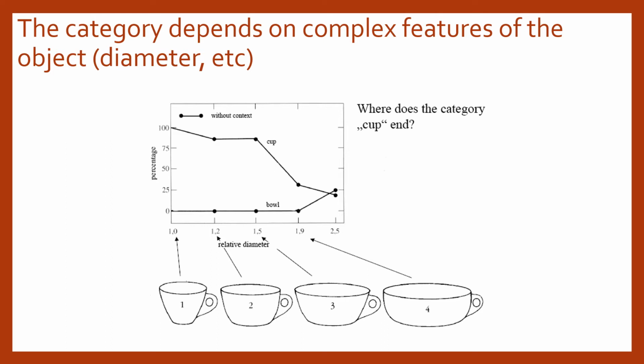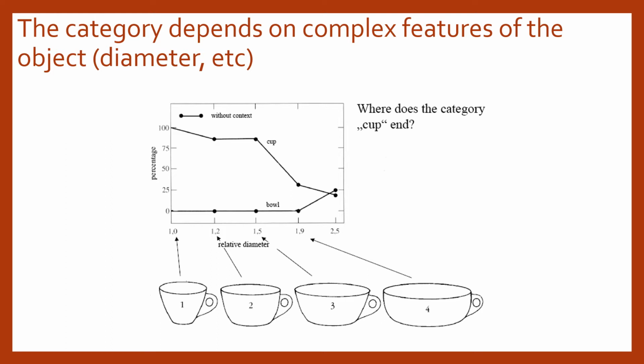Now the question is, at what range of that particular feature does it represent one particular word, and in what range does it become perhaps another word.